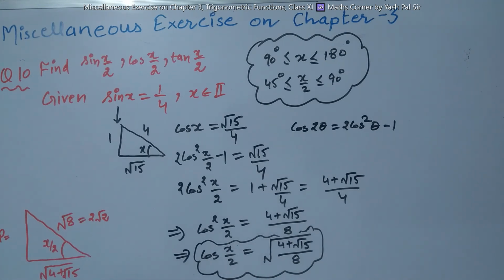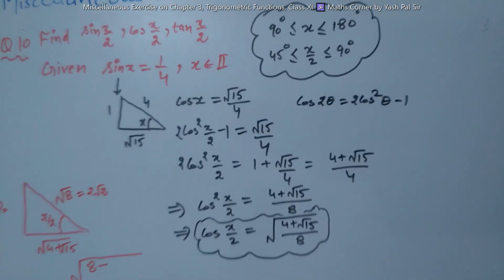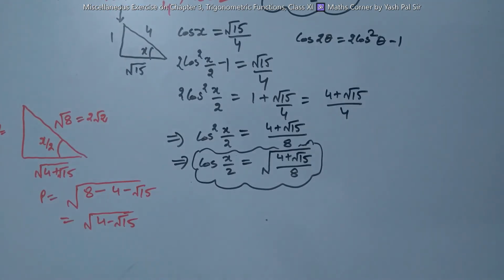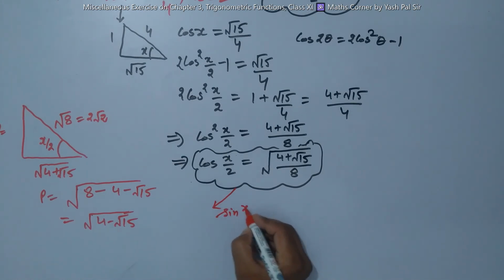P is equal to square root of 8 minus 4 minus square root 15, which is equal to square root of 4 minus square root 15. So this way, what is the sine of x by 2?